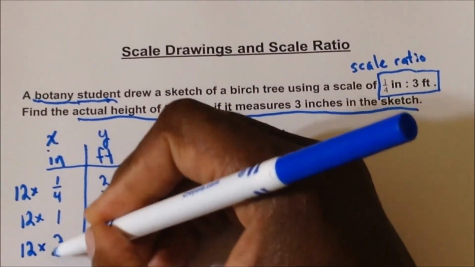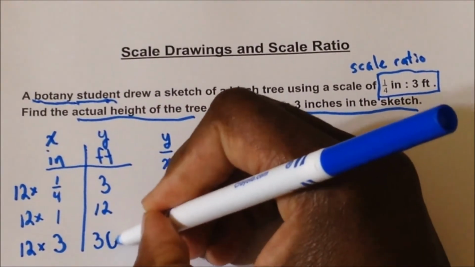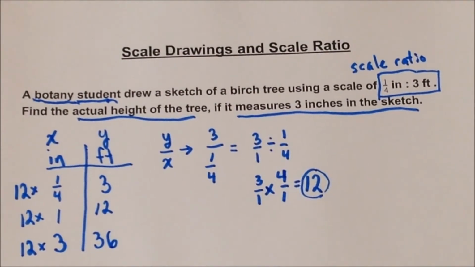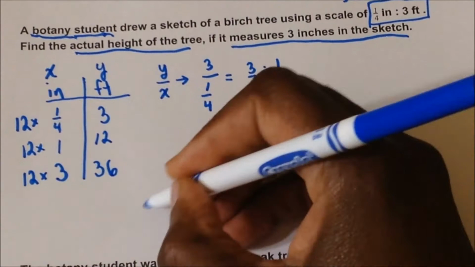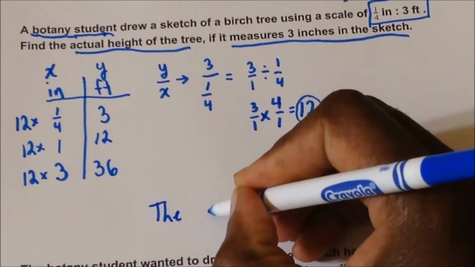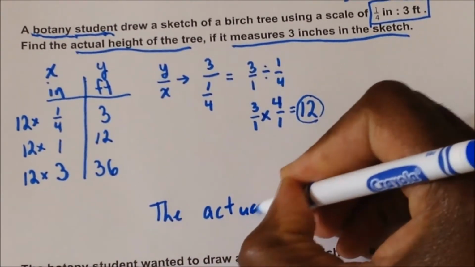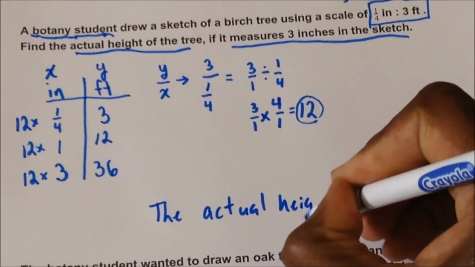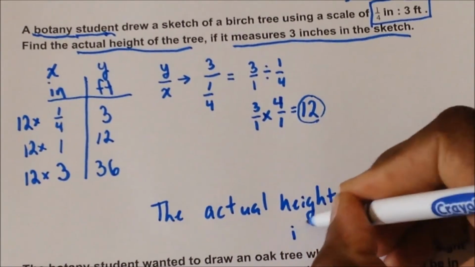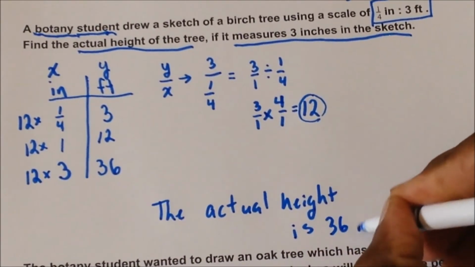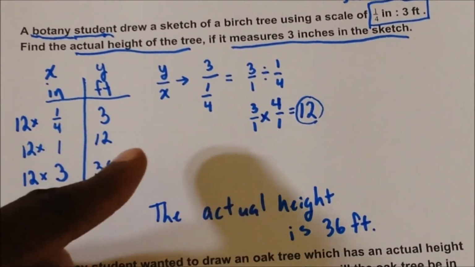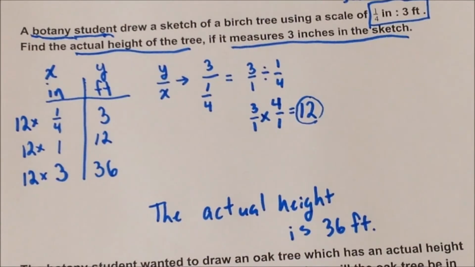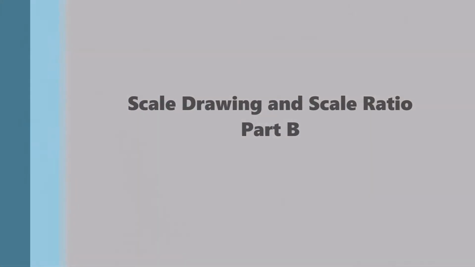So 12 times 3 gives me 36 feet. The actual height of the tree is 36 feet. Here's how we use the table and the constant of proportionality to find the actual height of the tree.